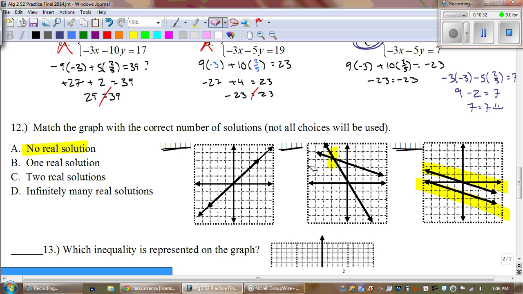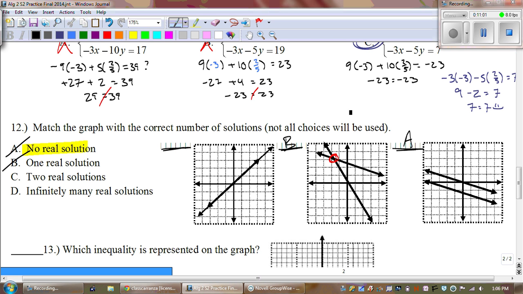Well, wouldn't no real solution mean that the lines never intersect and don't touch each other? Yeah. So our no real solution is that last one. Okay. B, one real solution. We just talked about one real solution is where your graphs meet at one exact point. So B goes in the middle.